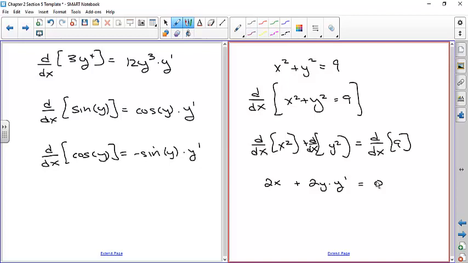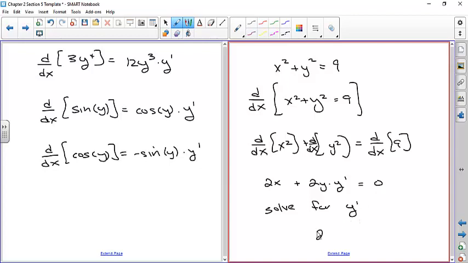So to find what the slope is, what is the derivative, or what is the slope of the tangent line, what we do is we solve for y prime, because that is the slope of the tangent line.